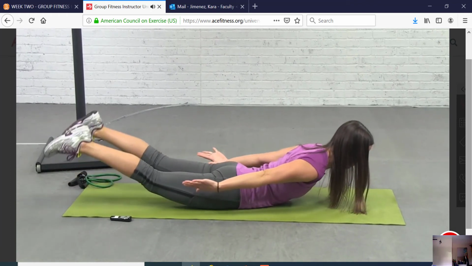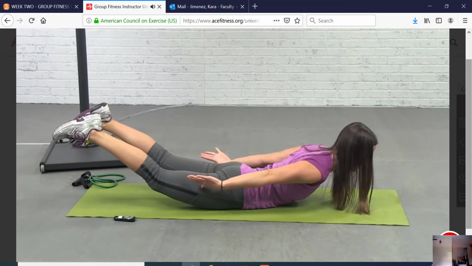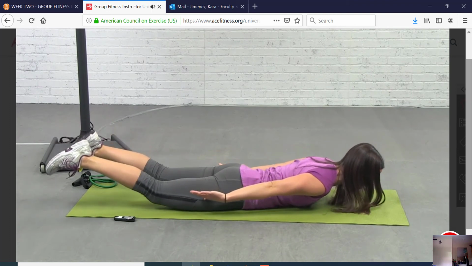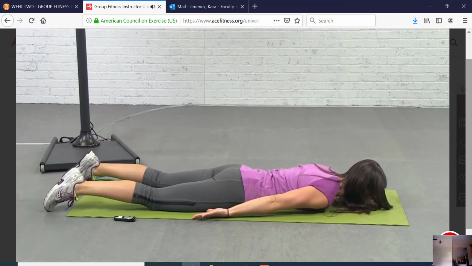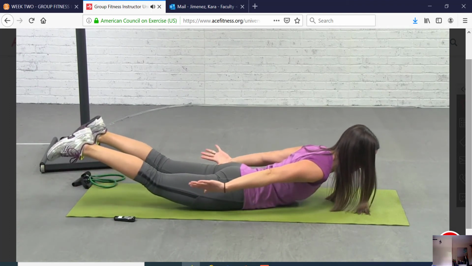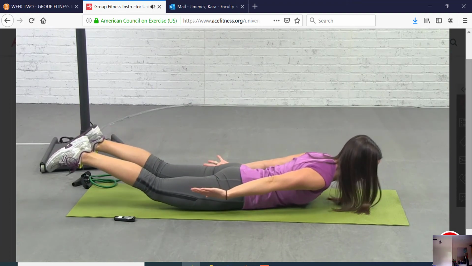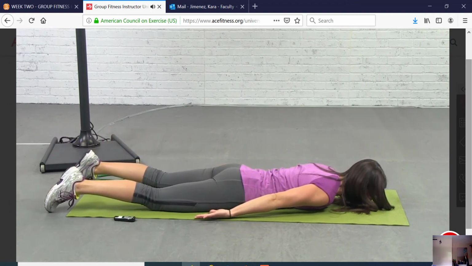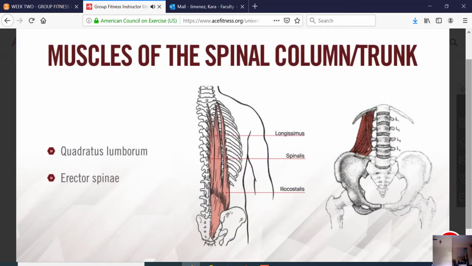Supermans. Lifting the body into extension and slowly lowering back down. Lifting to extension and lowering right back down. As you can see in your book or on the screen, those muscles take up a large portion of the spinal column.